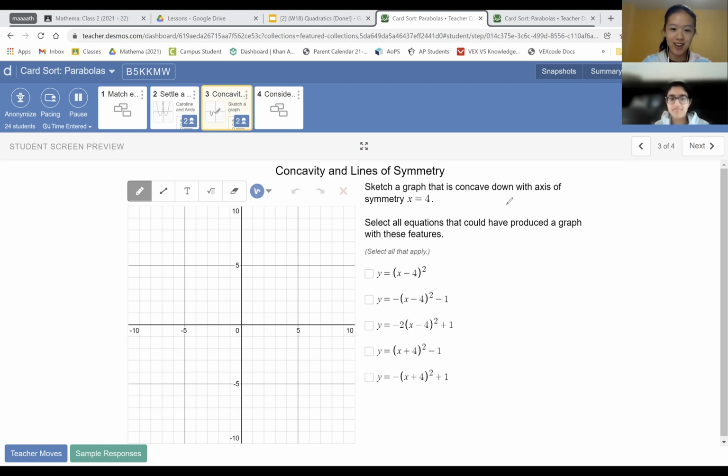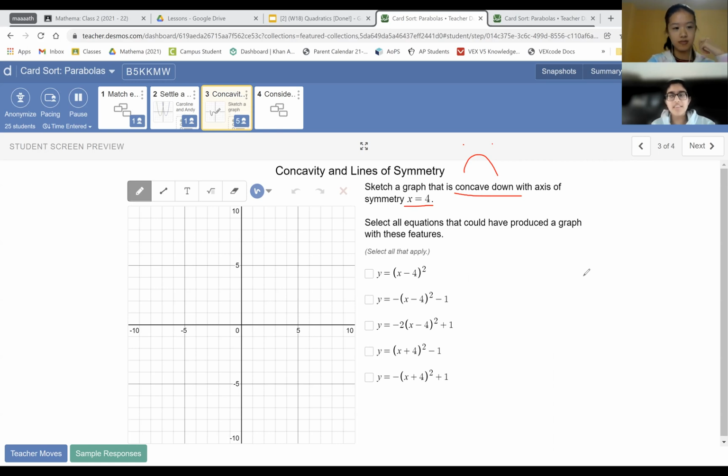So we want a graph that is concave down, meaning that it's going to be a frowny face, and it's going to have an axis of symmetry of x equals 4. Just a reminder, convex describes a polygon. A convex polygon is a polygon where all of its angles are less than 180 degrees. Convex is essentially the opposite of concave, so you don't use it to describe graphs.